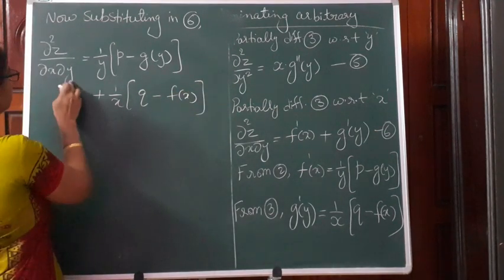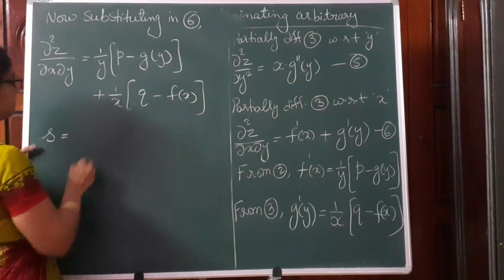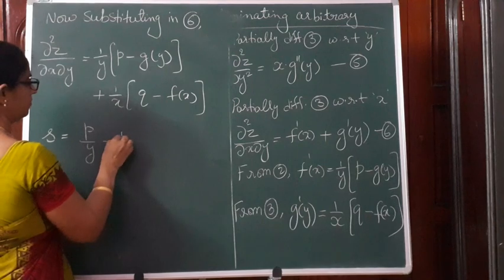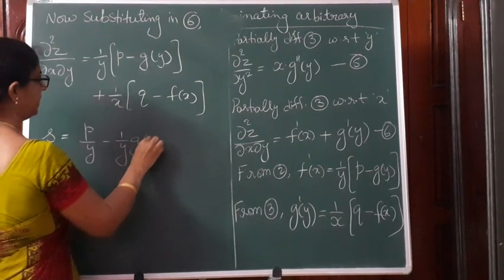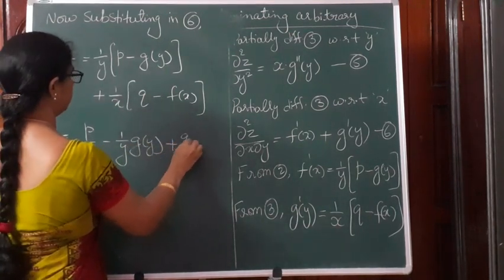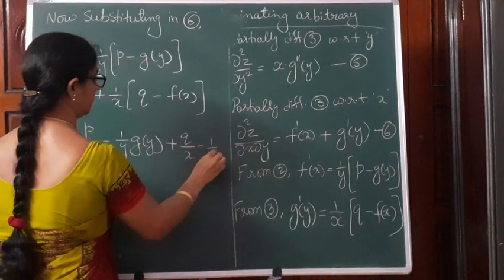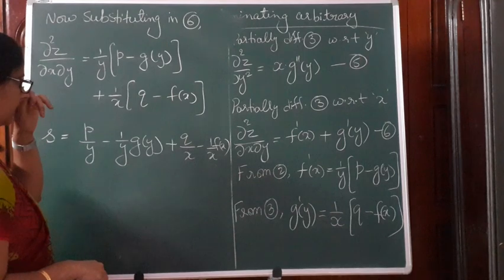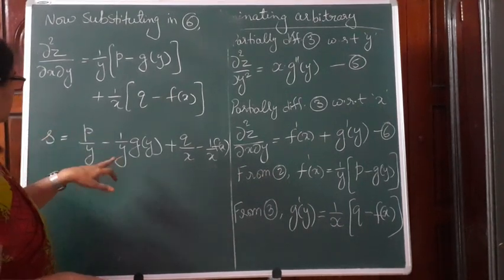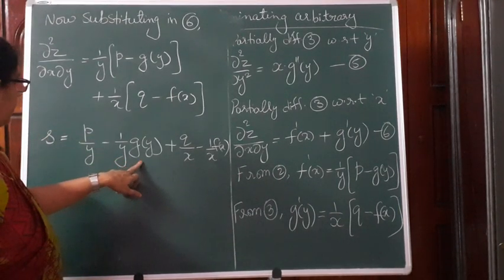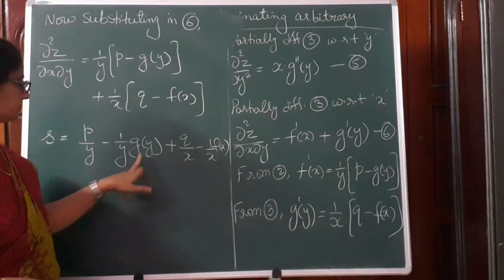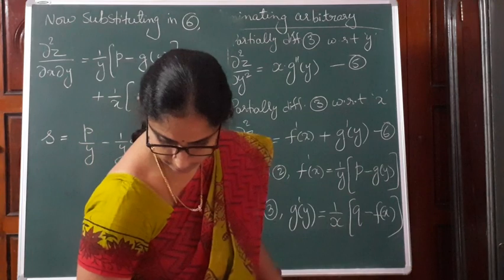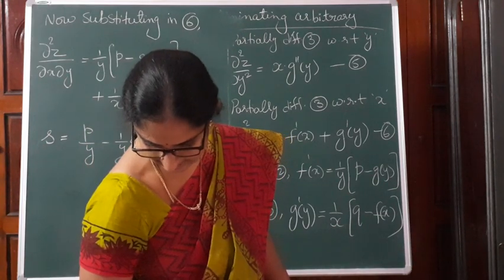That is, dou square z by dou x dou y, s, is equal to p by y minus 1 by y into g of y plus q by x minus 1 by x into f of x. Okay. How could we simplify this?